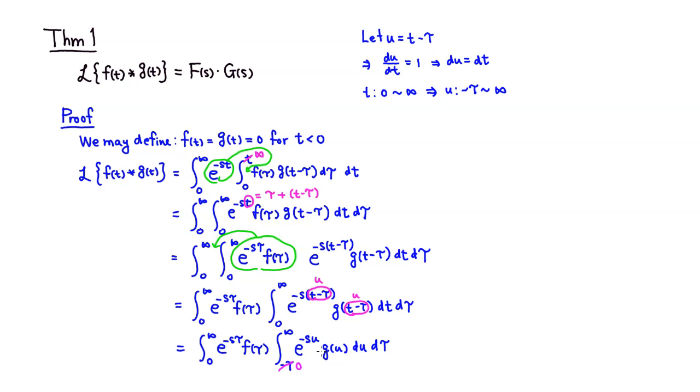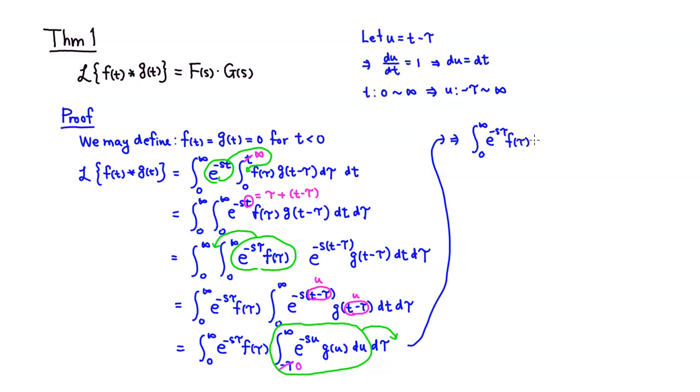Another thing we can do is, since this inside integral has nothing to do with tau, it's considered a constant, so we can pull the whole thing outside. So we're going to have the integral from 0 to infinity, e to the negative s tau, f of tau, d tau.